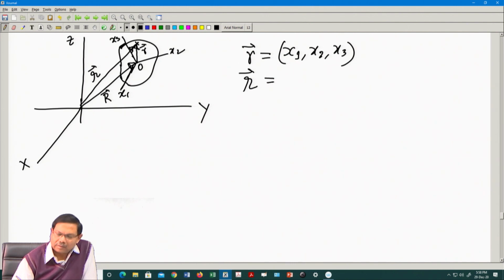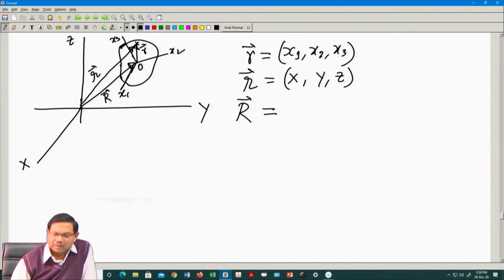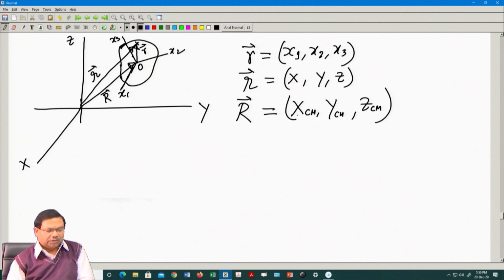The radius vector R of the center of mass has coordinates x cm, y cm, z cm with respect to the fixed frame of reference x, y and z. So, that is what it is.